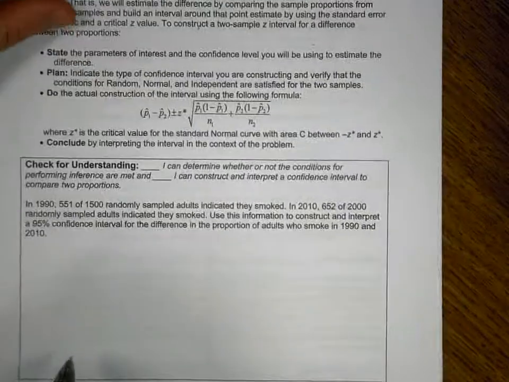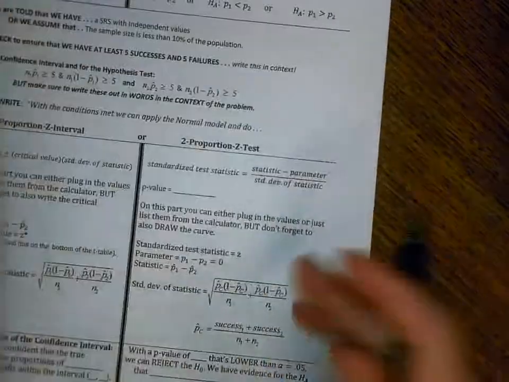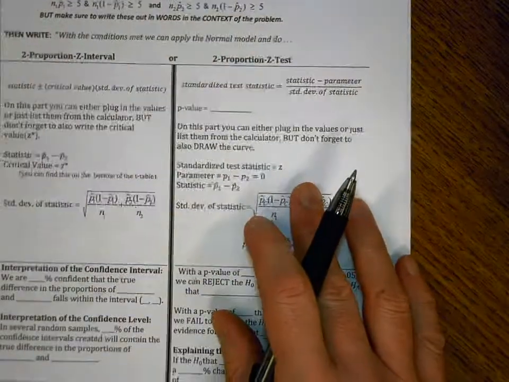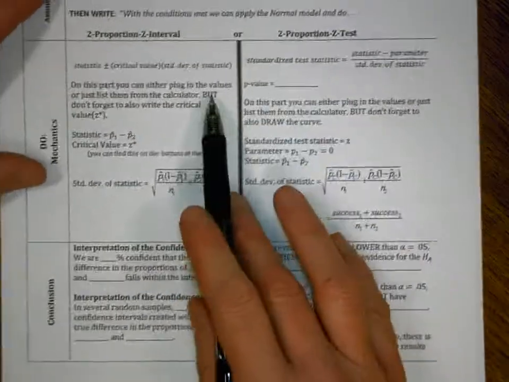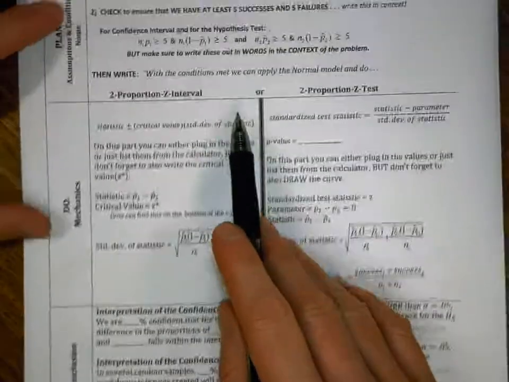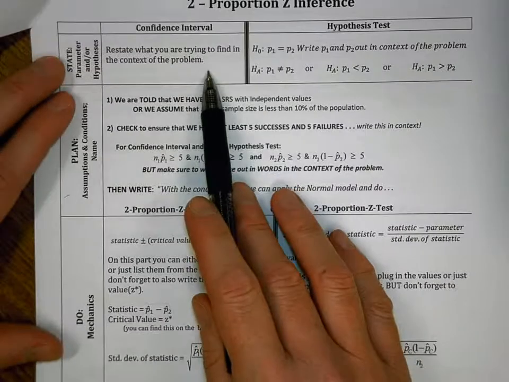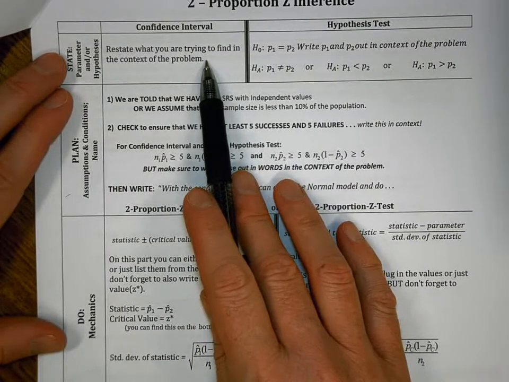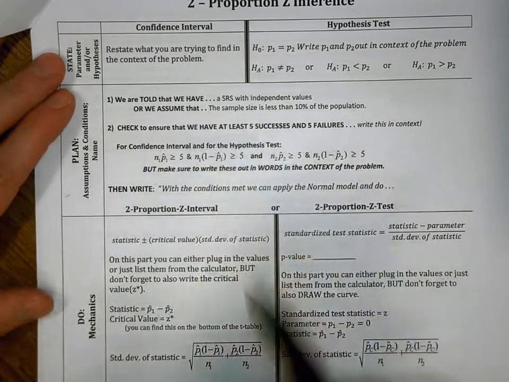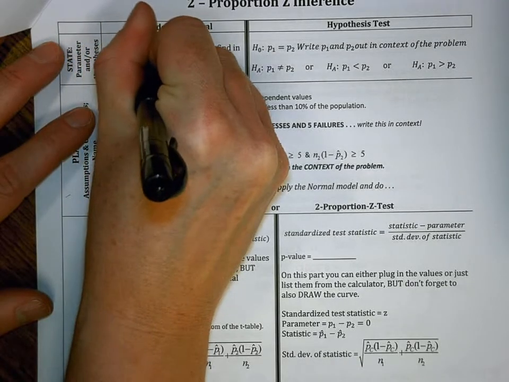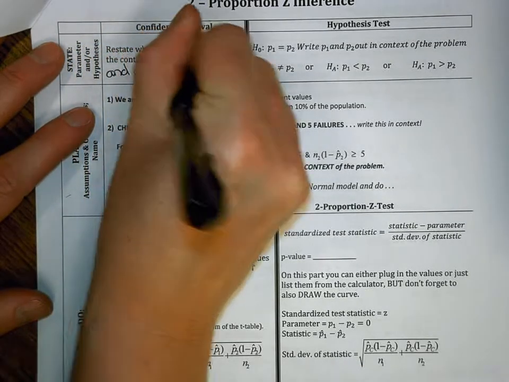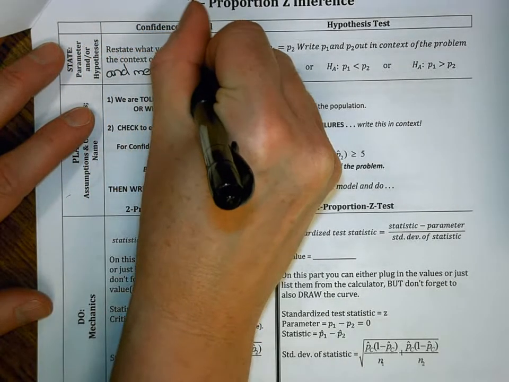And we're going to flip to the template really quick to see what the differences are here. For the 2 proportion z interval, for the state, you're just going to restate what you're trying to find in the context of the problem. And we should also mention the confidence level that you're using.